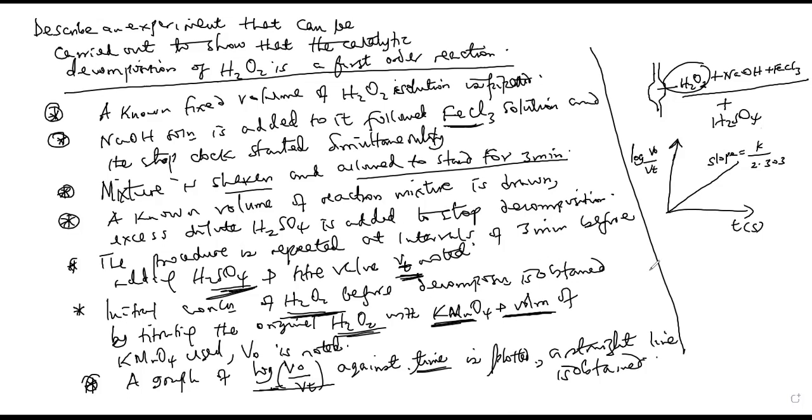Someone who plots a graph of Vt only against time gets a graph of this nature. And someone who plots volume of V naught for potassium permanganate against time is going to get a graph of this nature.